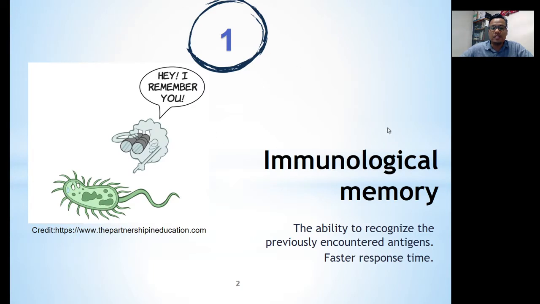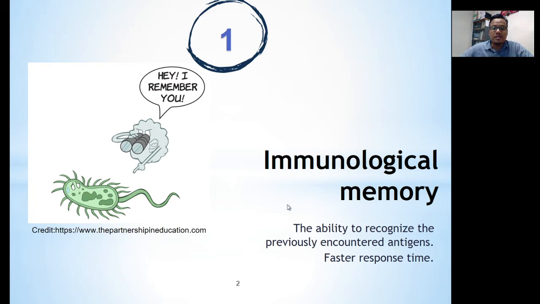So what is immunological memory? Immunological memory is actually related to the immune cells, the memory cells that have been produced earlier in the adaptive immune response. So as we can observe here, this is an immune cell that recognizes the antigen or the invading pathogen for the second time.